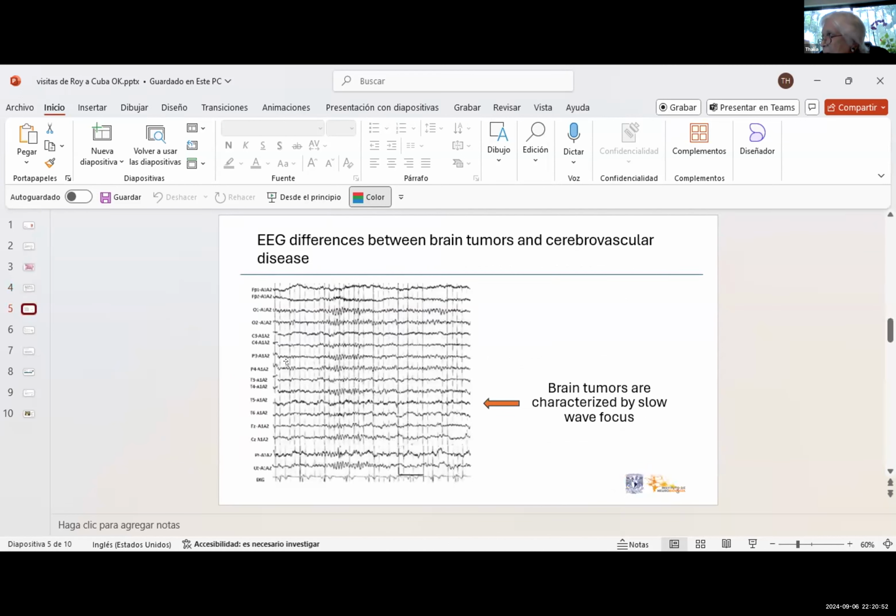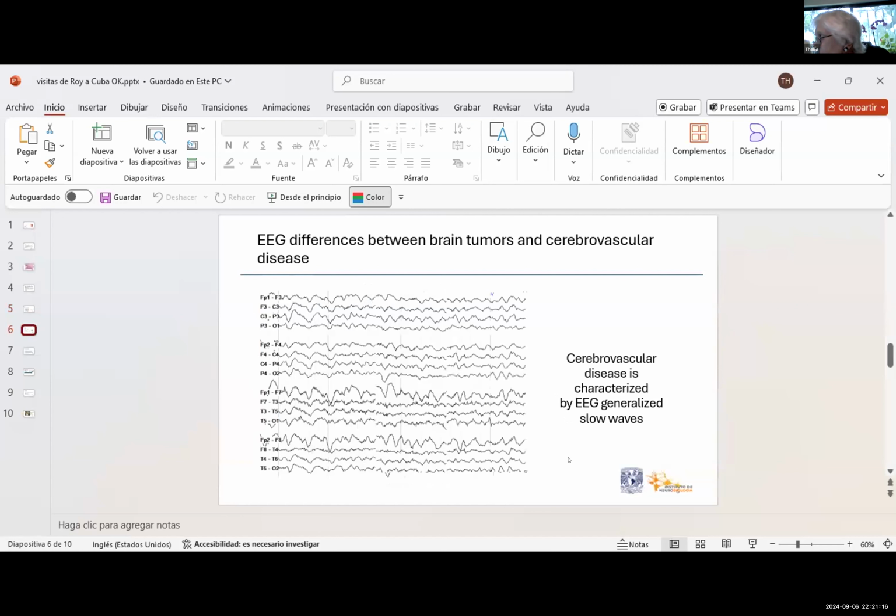Here we see an EEG of a patient with a brain tumor, and we can see that there is a focus of slow waves present, for example, in the temporal region. This is the characteristic of the EEG of a patient with a brain tumor. However, when we look at a patient with cerebrovascular disease, we may observe that the EEG is characterized by generalized slow waves.